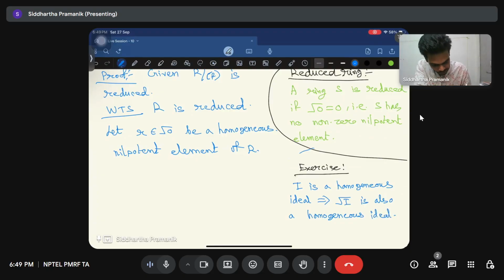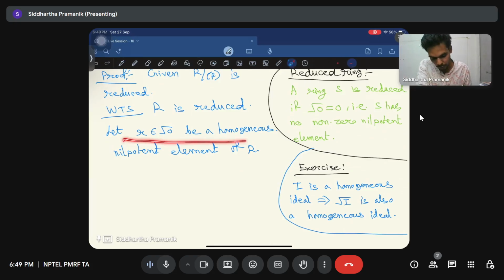This is just a routine check which you can do. So we have taken a homogeneous nilpotent element and we need to prove that r is 0.